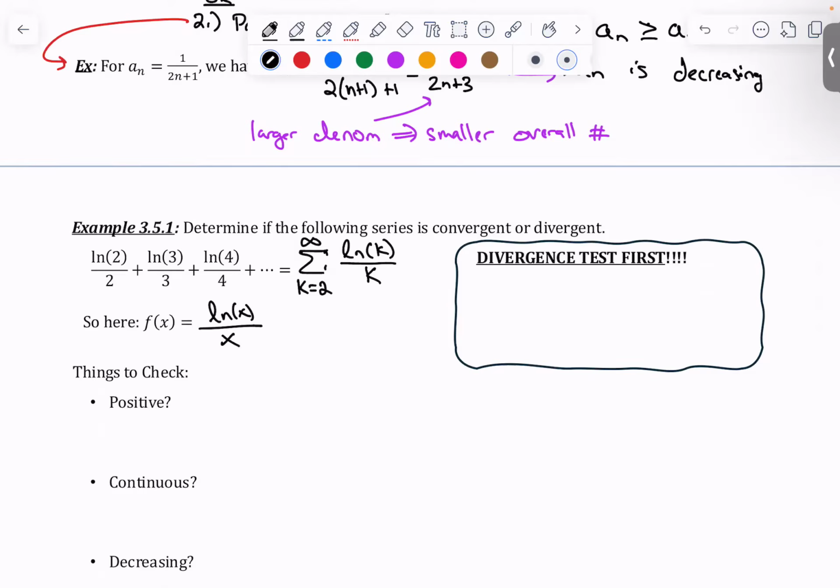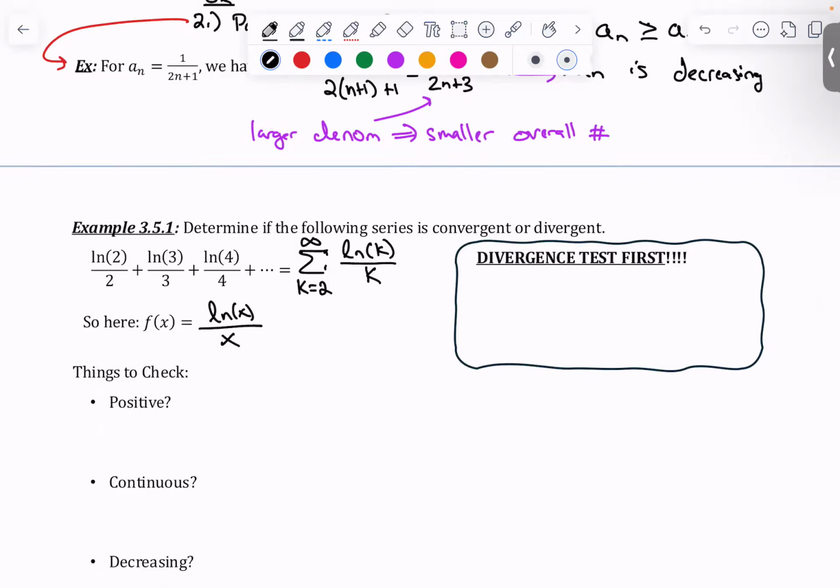Now, as I said, remember, the first test you should always, always try, because if you can prove that the limit does not equal 0, you are done. You can immediately claim that it's divergent. Remember, that was the divergence test, which says that if the limit of the sequence is not 0, then the series must diverge.